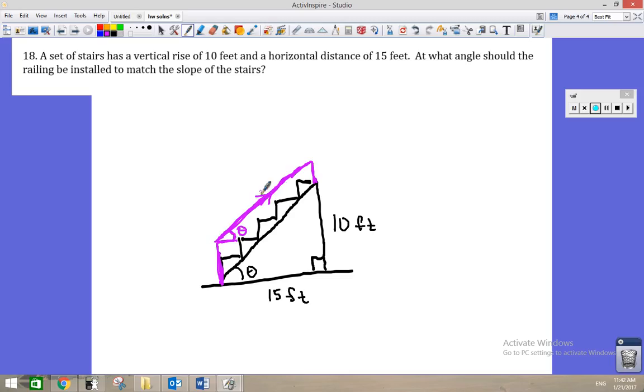It's parallel to this line on my triangle. All right. So we've got the opposite leg and the adjacent leg, so that's the tangent. If we call the angle theta, I guess you could call it A or B or whatever you want. I'm used to using theta.